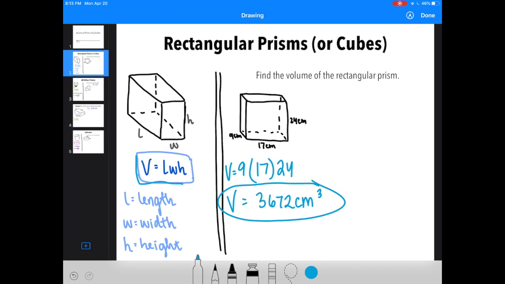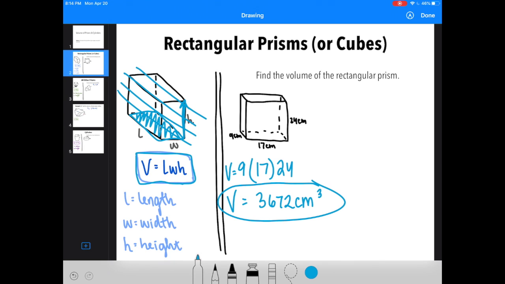Okay. If you notice, looking at our equation for volume, when we multiply length times width times height, theoretically, we are finding the area of a face and then multiplying that area by its height. And that's the same basic foundation of solving for volume.